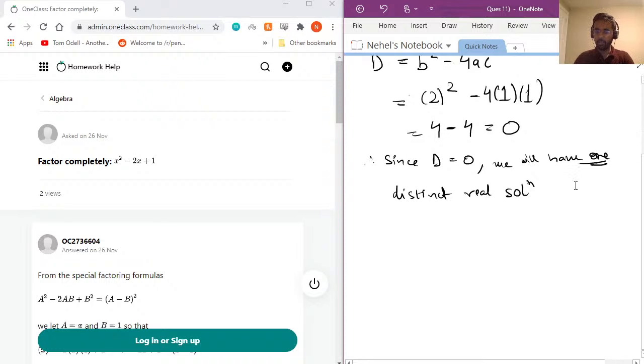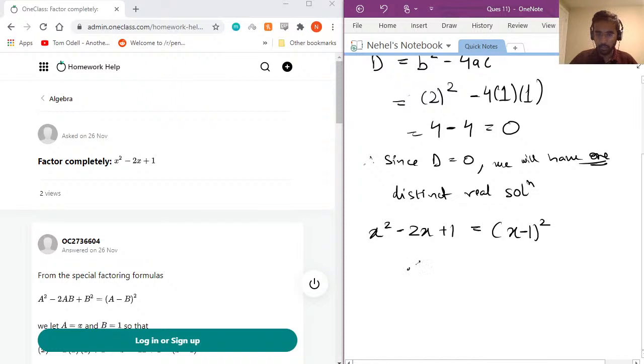Okay, so this question, the easiest way to solve this is first you look at the determinant, second you look at if it resembles a given identity or not. So in this case it resembled the identity, so we can say that x squared minus 2x plus 1 is actually equal to nothing but (x minus 1) whole squared.